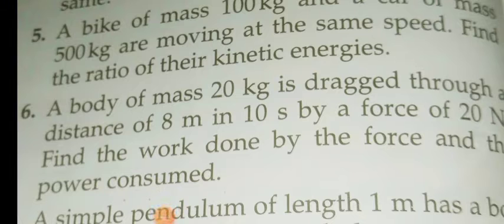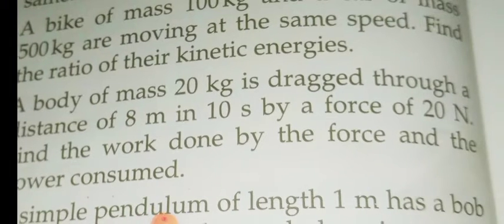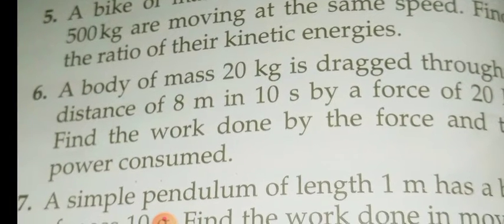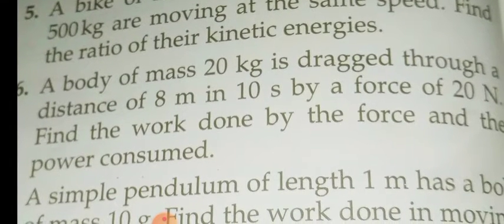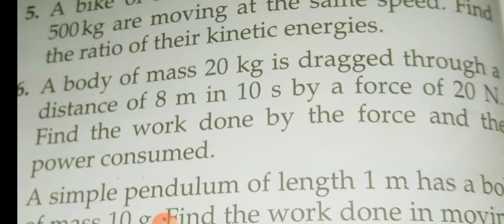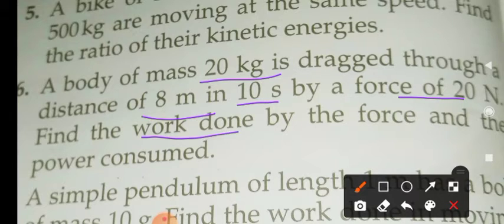Now sixth question. A body of mass 20 kg is dragged through a distance of 8 meters in 10 seconds by a force of 20 Newton. Find the work done by the force and the power consumed. So mass is given 20 kg, distance is 8 meters, time is 10 seconds and the force is 20 N. We want to find out the work done and power.